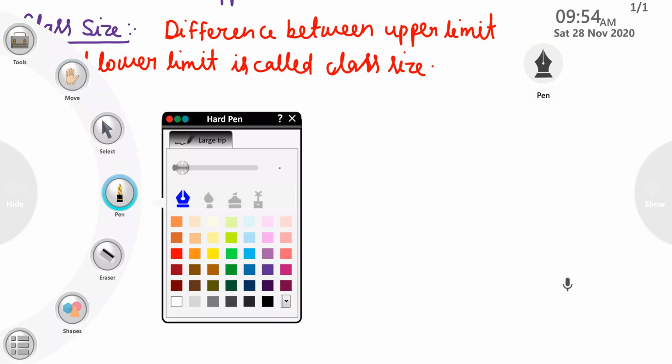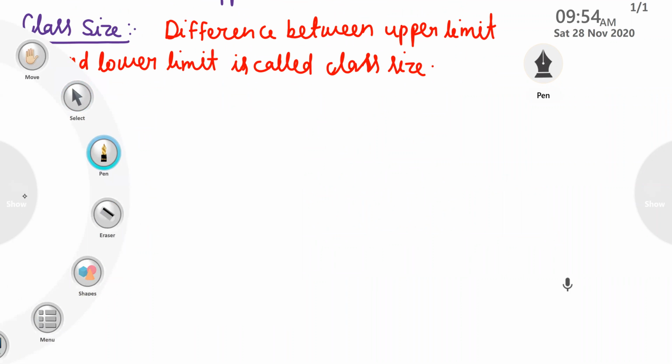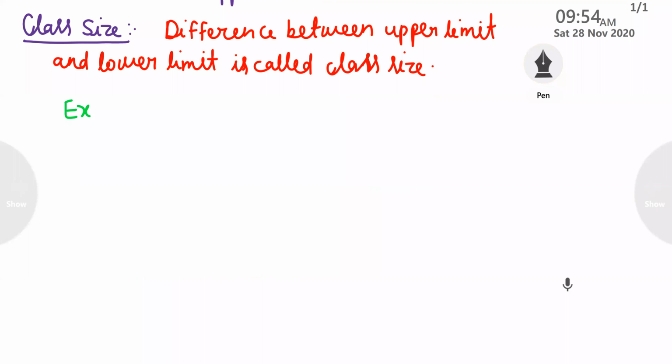Example, suppose first interval I am writing here 10 to 20. This is not minus, 10 to 20. If I want to find out class size, it is equal to upper limit minus lower limit.